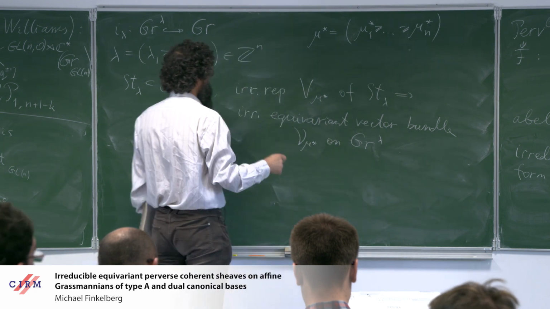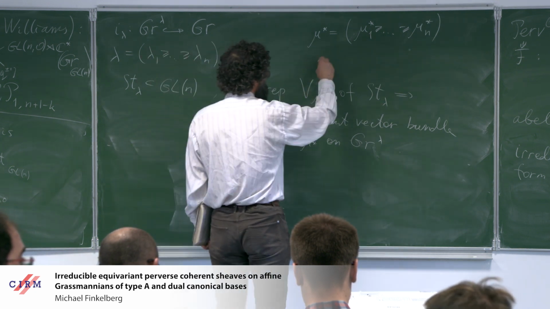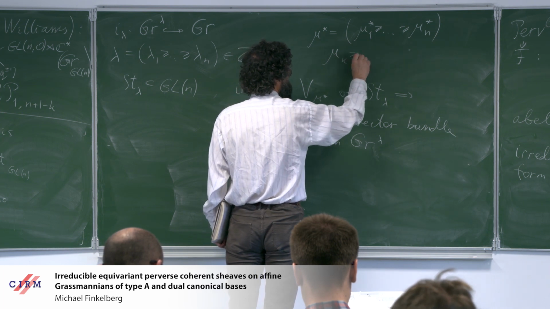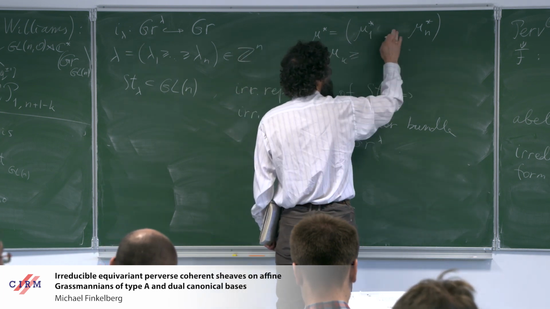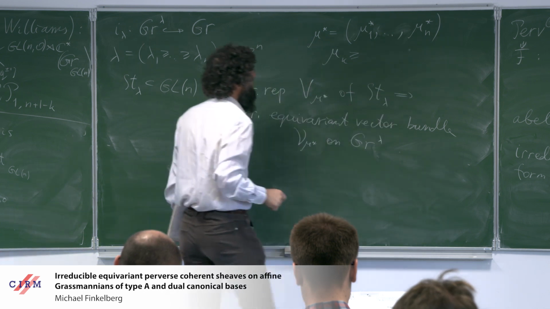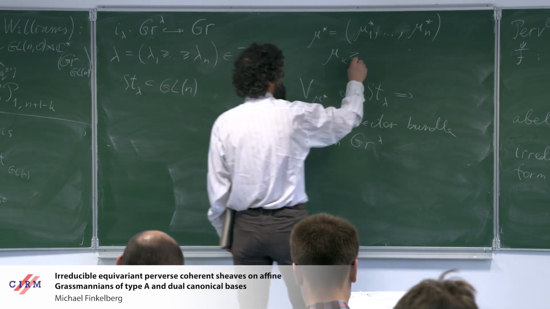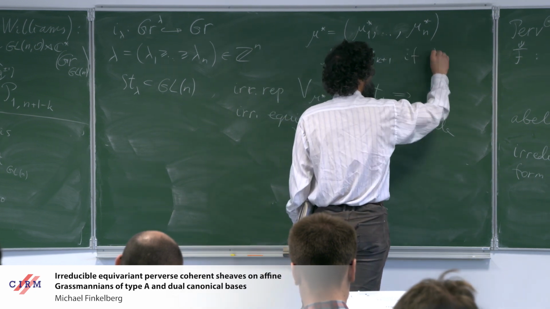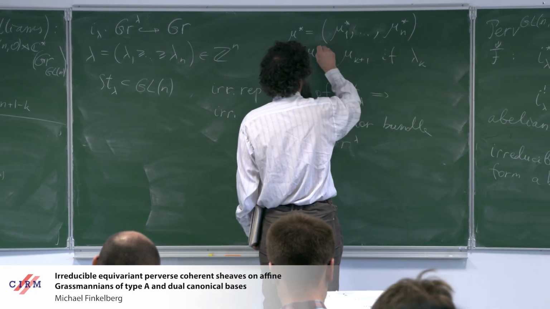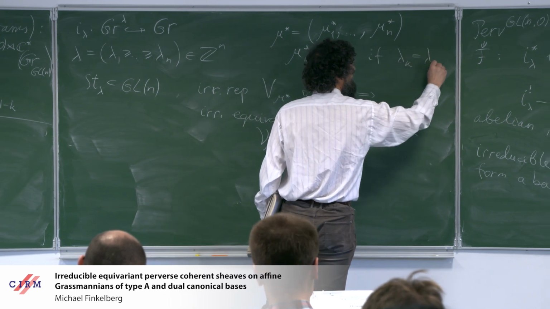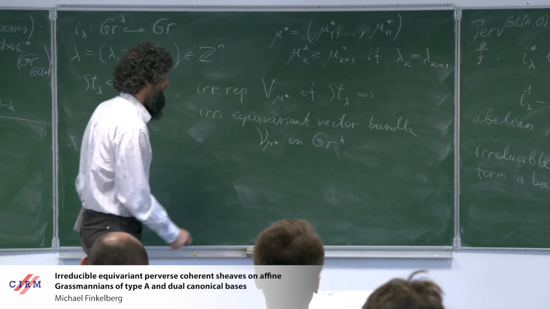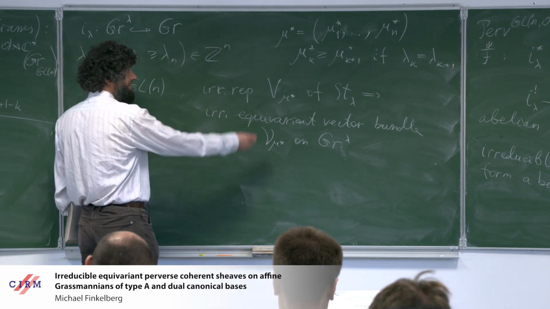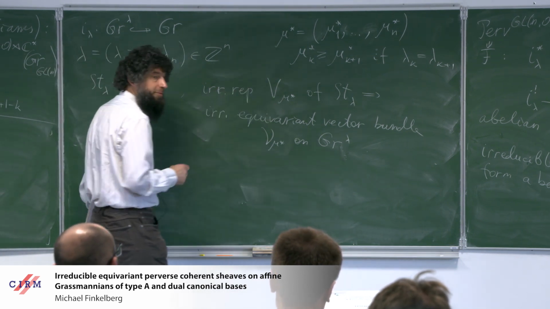And this dominance condition means that these are just integers, not necessarily ordered, but mu k must be bigger than mu k plus 1 if lambda k is equal to lambda k plus 1. Okay. So this is the enumeration of irreducible objects.